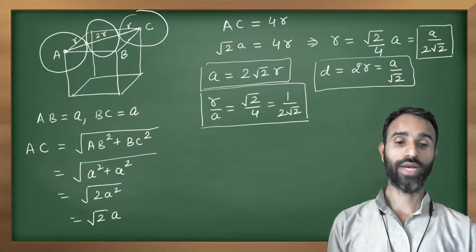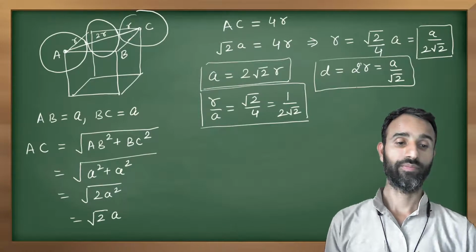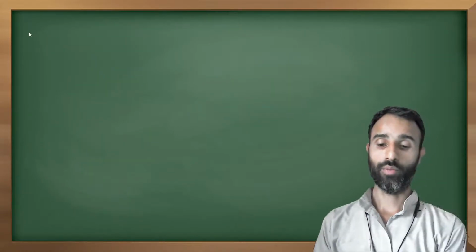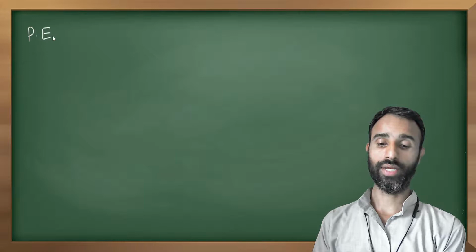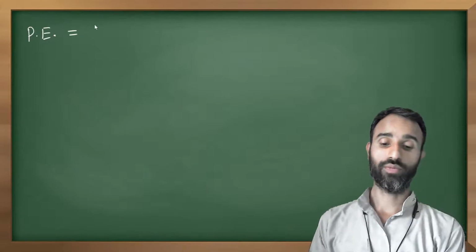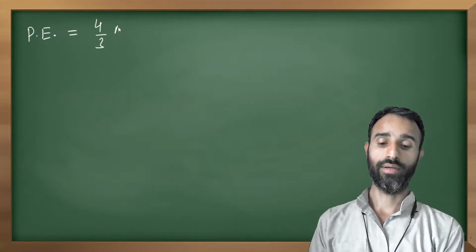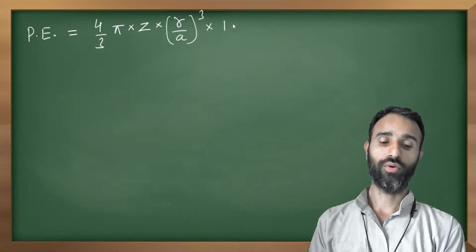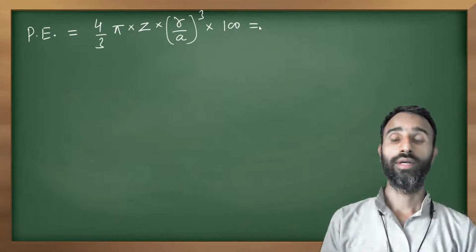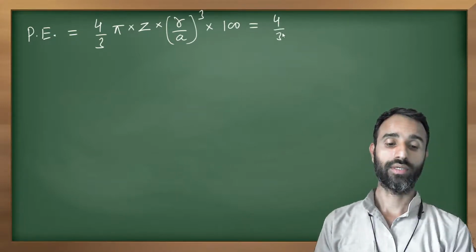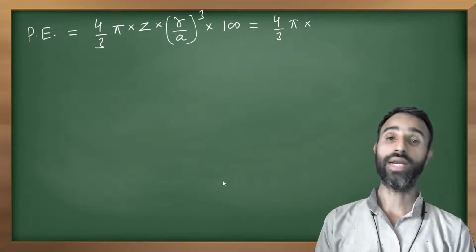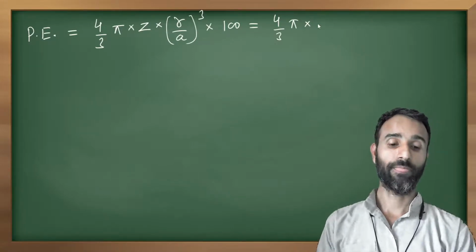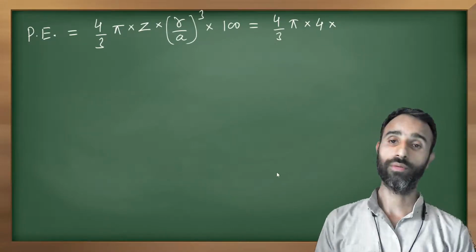So just put the values. So packing efficiency in FCC, it is 4 by 3 pi into Z into (R upon A) cube into 100. And what is Z for FCC? Z for FCC is 4.